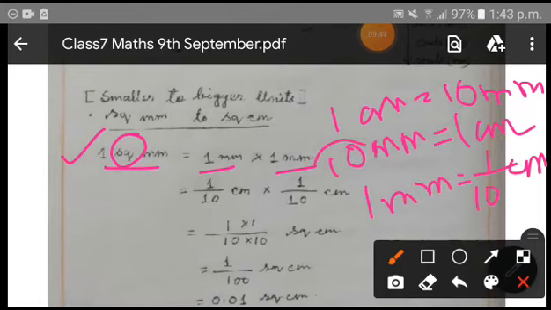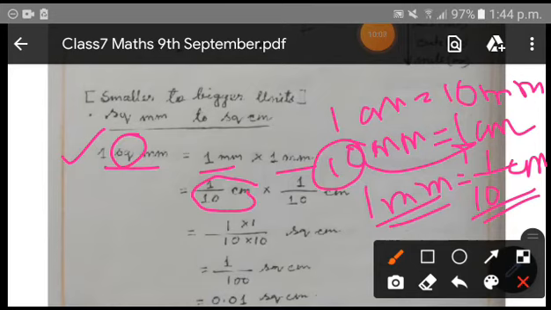We bring this 10 down. You know how to solve an equation: whenever you change the side, the multiplication becomes division. So we have 1 millimeter equals 1 by 10 centimeter.